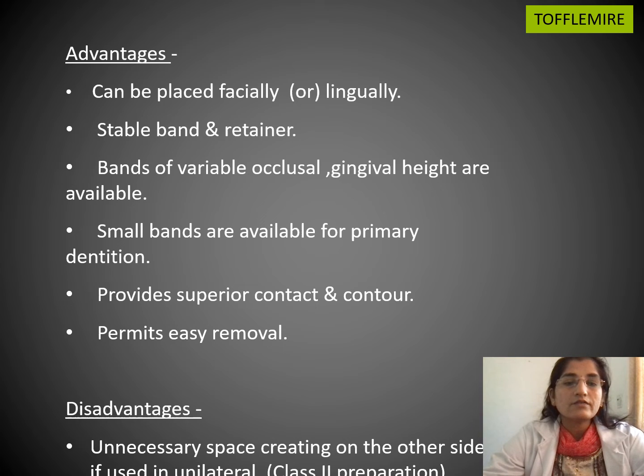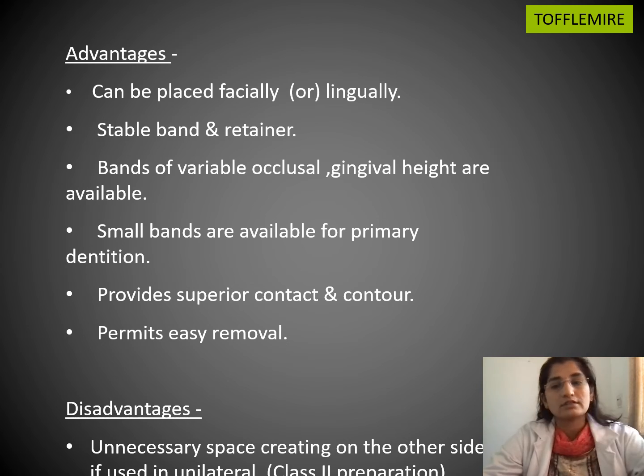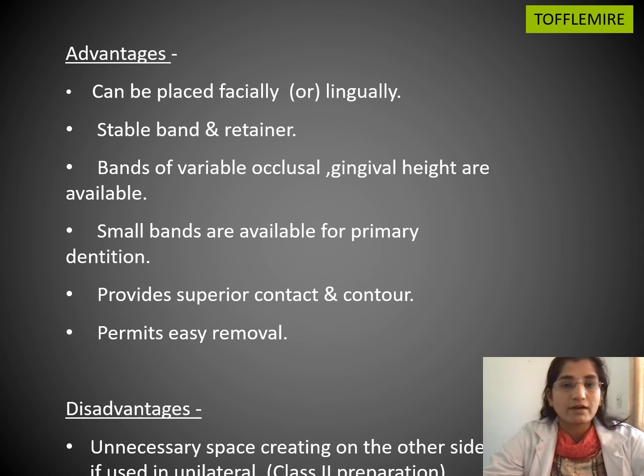The bands are available in various occlusal and gingival heights. Based upon the gingival height, different varieties of bands are available, and usually the small bands are used for primary dentition, and it provides superior contact and contour and permits easy removal.